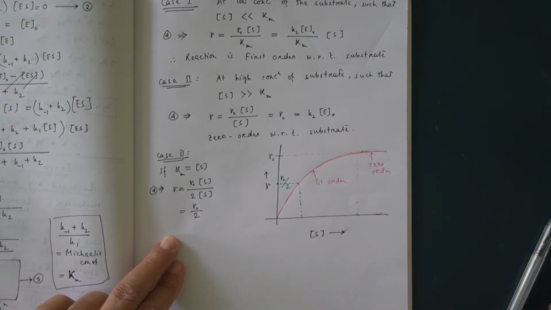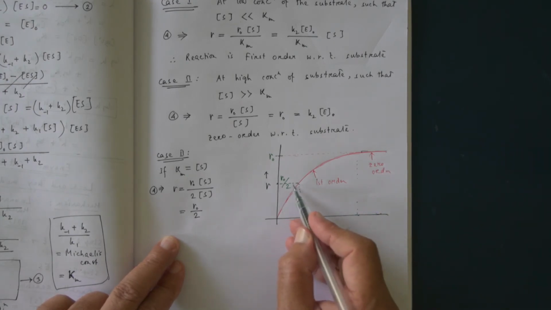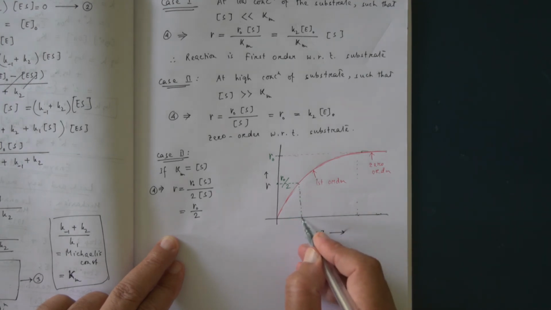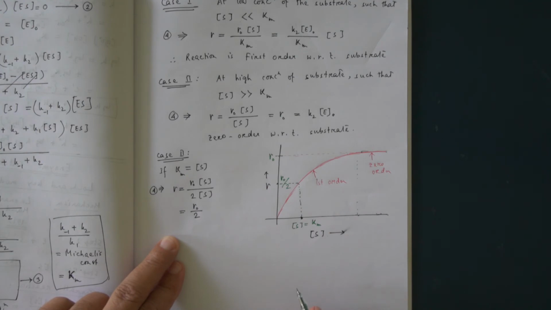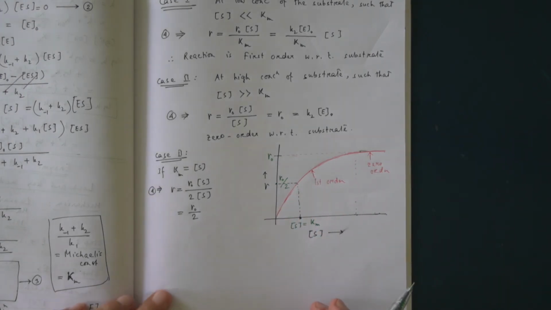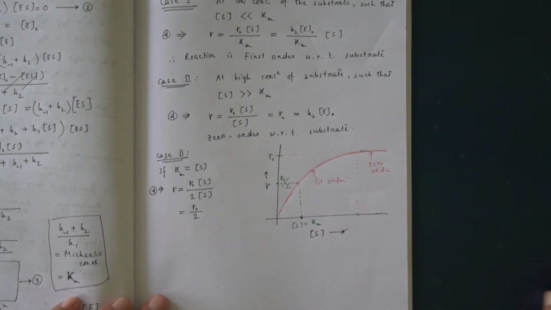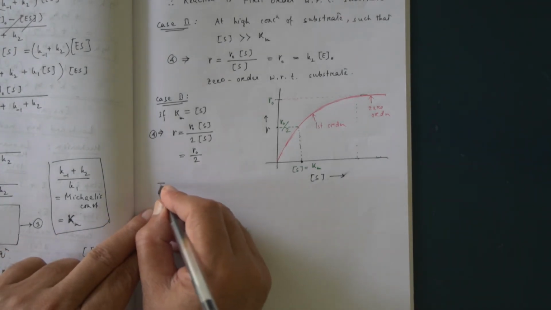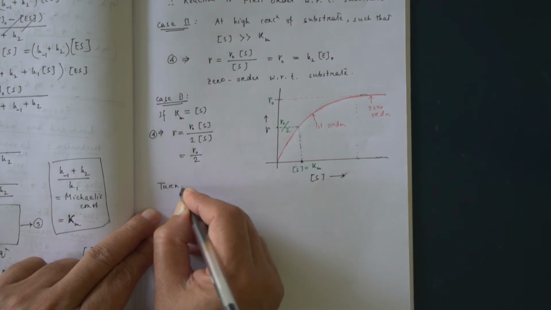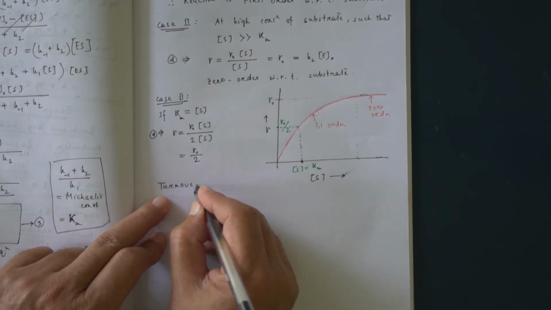Here you see R naught by 2, that means at this point the concentration of substrate equals Km. So we get this. Then we have to discuss one point, which is called turnover number.